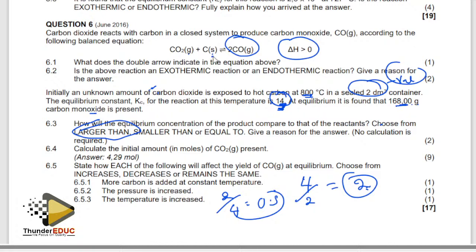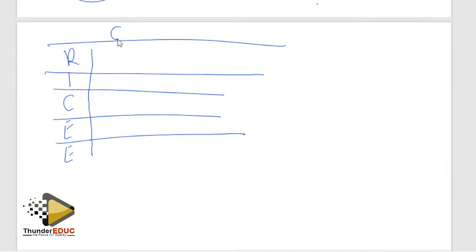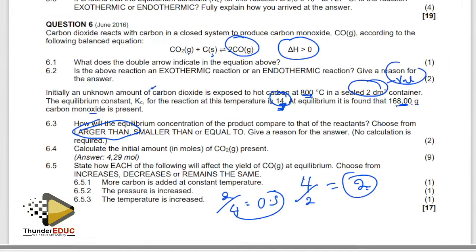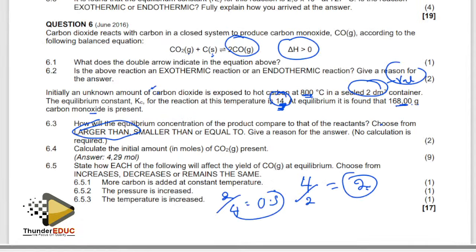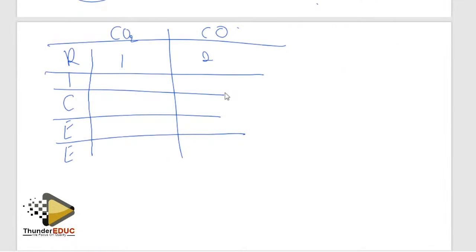We don't include solids and liquids in the chemical equilibrium. So I'm going to have carbon dioxide, and then carbon monoxide. Then we go to the mole ratio. Carbon dioxide is 1, and carbon monoxide is 2. So now we are covered with that. Then we go to the initial moles.